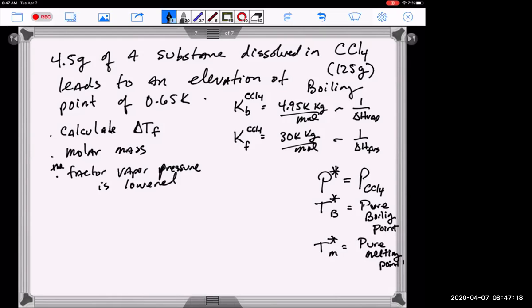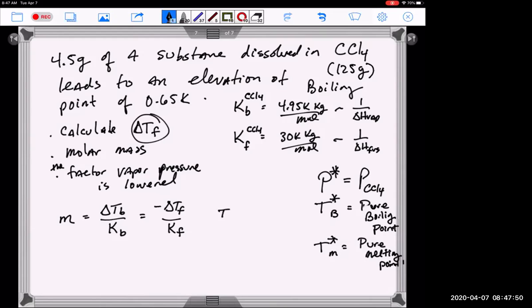Okay, so what we have is that the molality is equal to delta T boil over KB. But this is also equal to minus delta TF over KF, right? So they're both equal to the molality. We haven't really calculated the molality. We can, but we don't. The first question is to calculate delta T freezing.